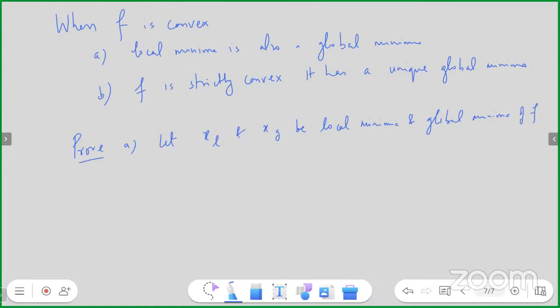Now, we don't have the local minimum. We need to show that they are global minimum. So here, however you want, I will write what you say. If you don't like this, I can change it. So, since f is convex, you have some x_L, the local.